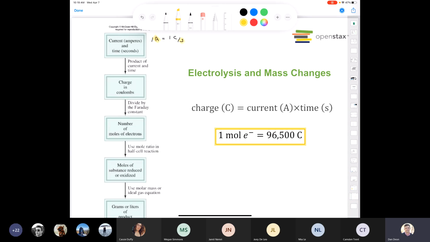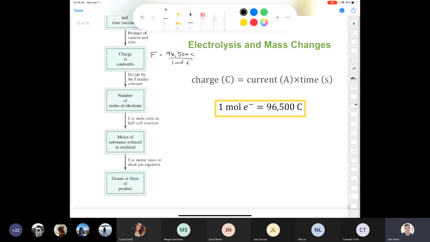Next, it says charge in coulombs. Well, we know that 1 mole of electrons has a charge of 96,500 coulombs, right? That's the Faraday constant. This is F. So F is equal to 96,500 coulombs per 1 mole of electrons.